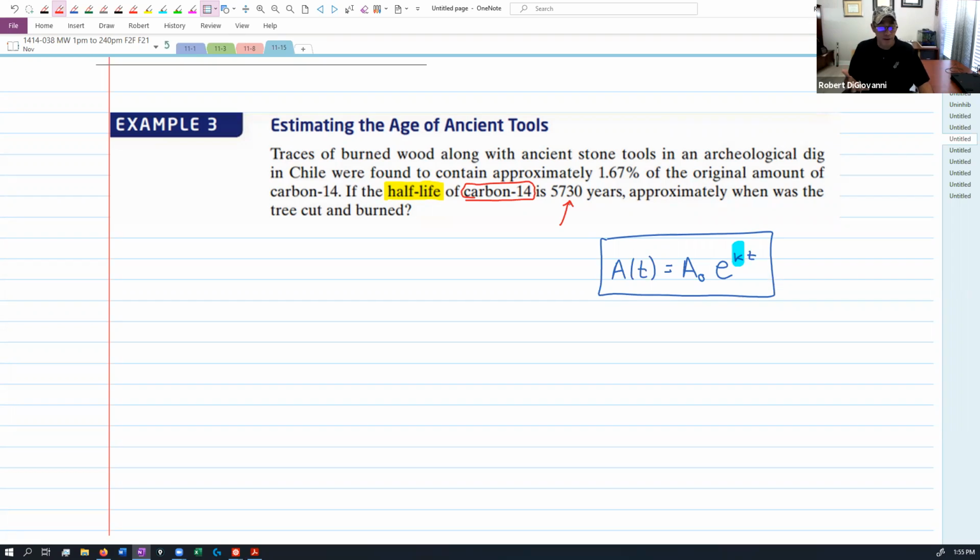So here's the way I'm going to use this. First thing I'm going to do is use this formula, but I'm going to use the idea that I know how much time it took, right? If t was 5,730 years, then we have half of however much we started with, which is A naught.